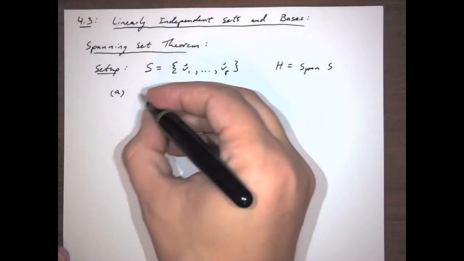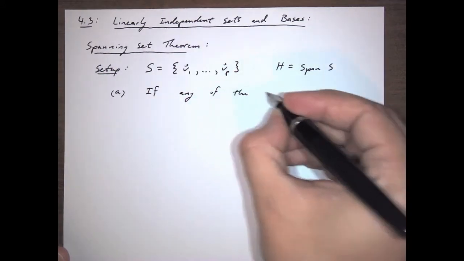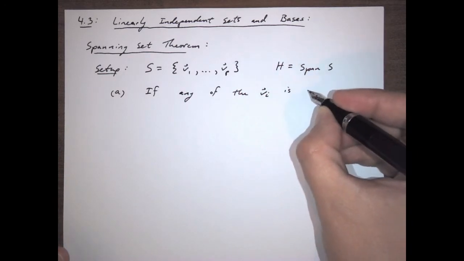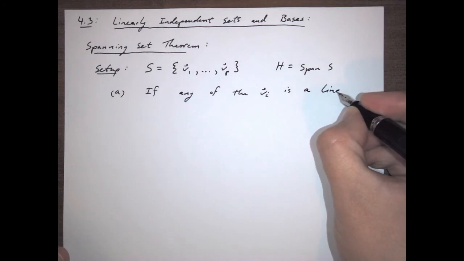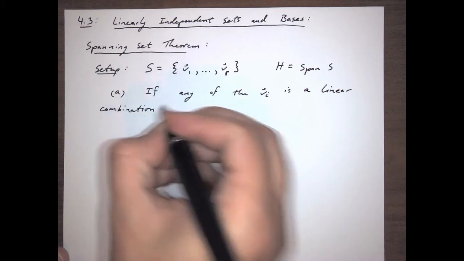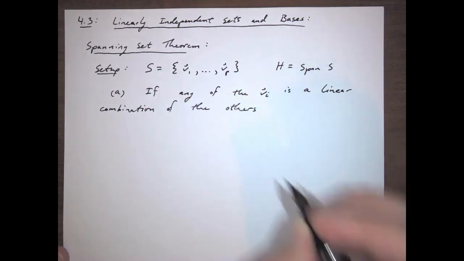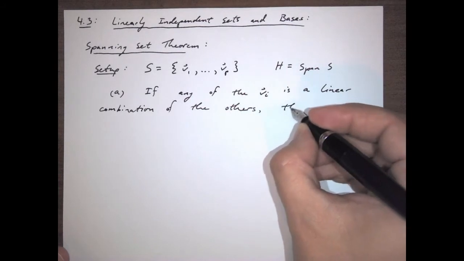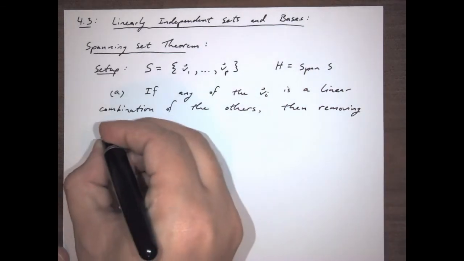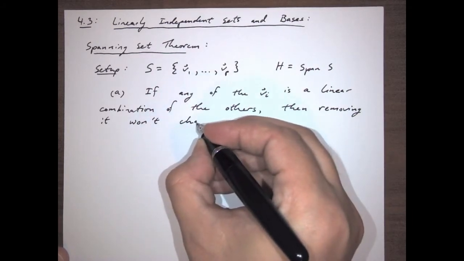If any of the vi, in other words, any one of the v's, is a linear combination of the others, then removing it won't change the span.